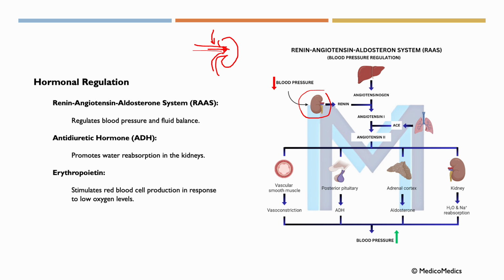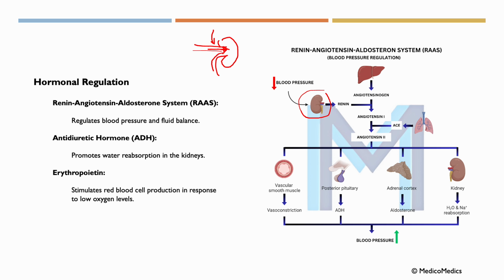And furthermore, we also have very specialized types of cells called the macula densa cells, and they are part of the distal tubule of the nephron. And these detect low sodium levels in the filtration, and low sodium levels often correlate with lower blood pressure.